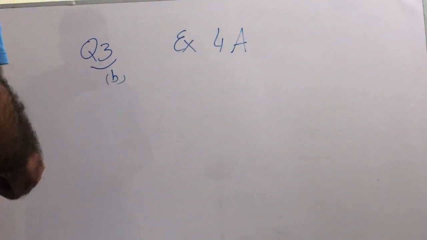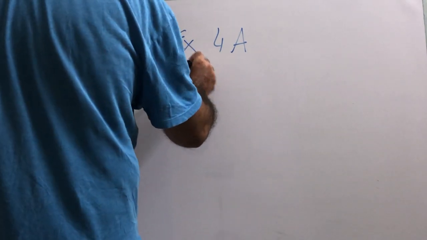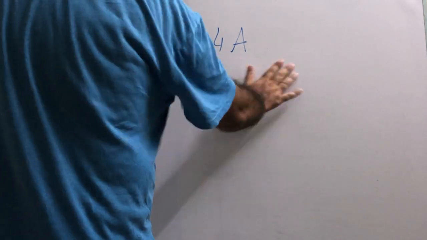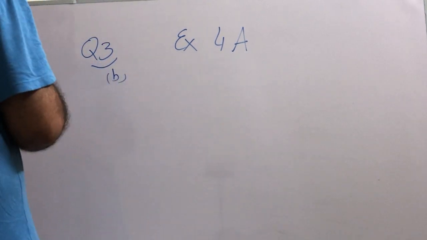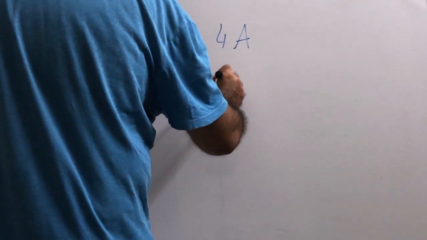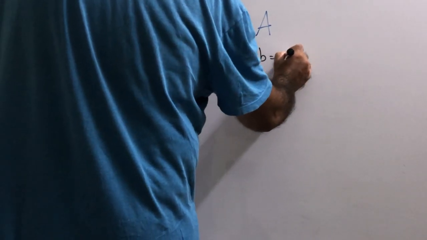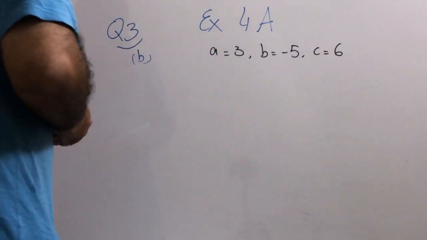Part B says that the values are same. a is equal to 3, the same values that we used in the first part. a is equal to 3, b is equal to minus 5, c is equal to 6.